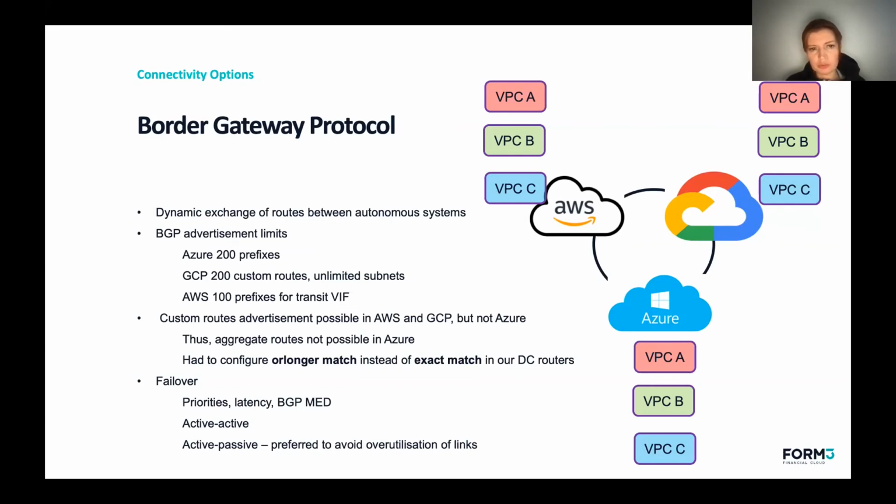Active-active configuration could be possible as well. However, we don't want it for our connection links because in case of a failure of one of the links, it could happen that we don't have enough bandwidth. So in such cases, it's better to configure it as active-passive.